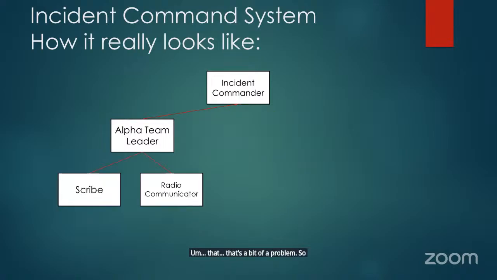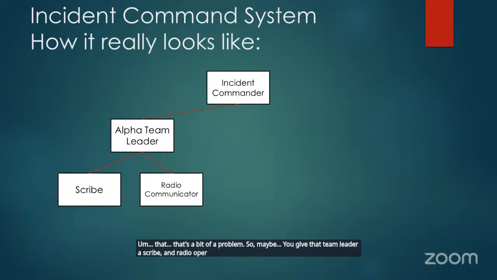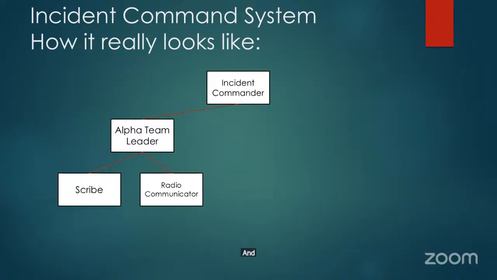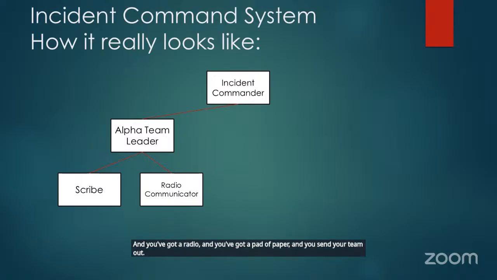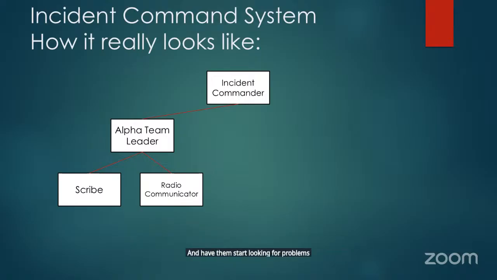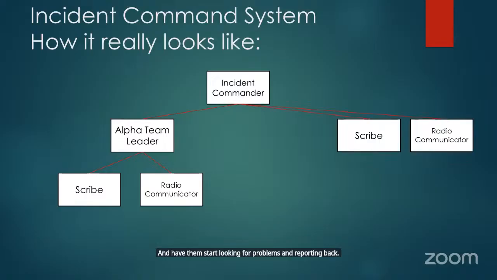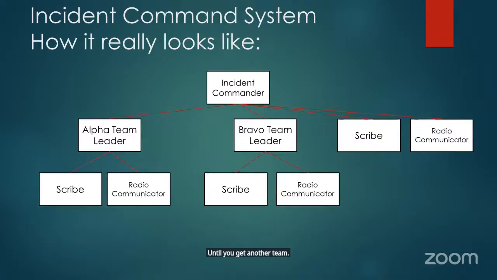So maybe you give that team leader a scribe and radio operator, and you're the only person at staging or at the incident command, and you've got a radio and a pad of paper, and you send your team out and have them start looking for problems and reporting back. And then a couple more people show up and they are your scribe and radio operator until you get another team in the field.